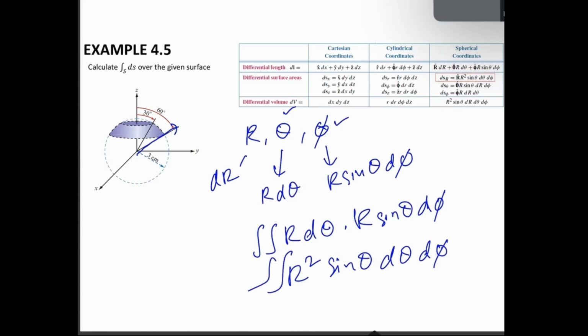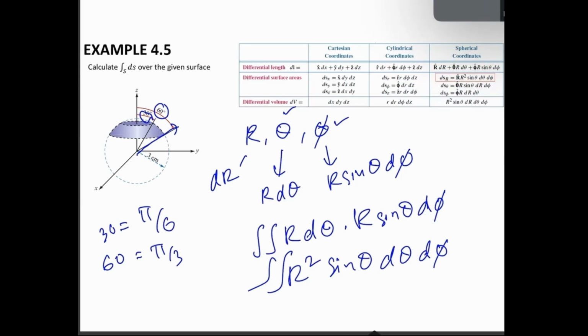Okay, the angle is between 30 and 60. 30 is equal to pi over 6, 60 equal to pi over 3. So just replace pi over 6 and pi over 3; that one is theta.